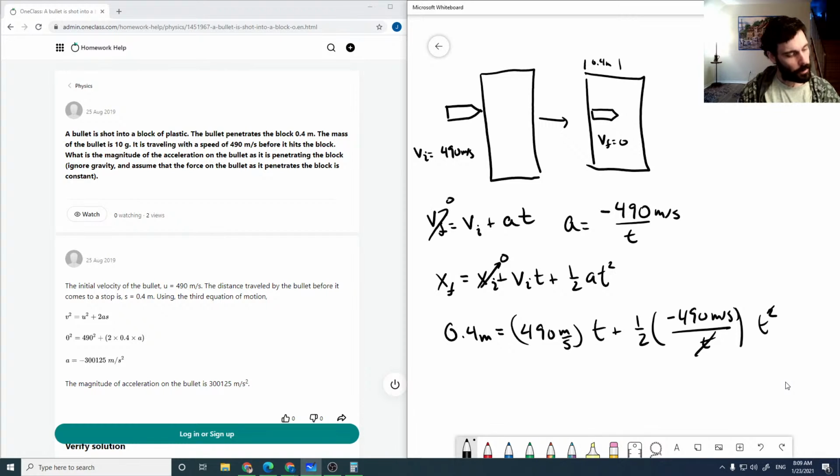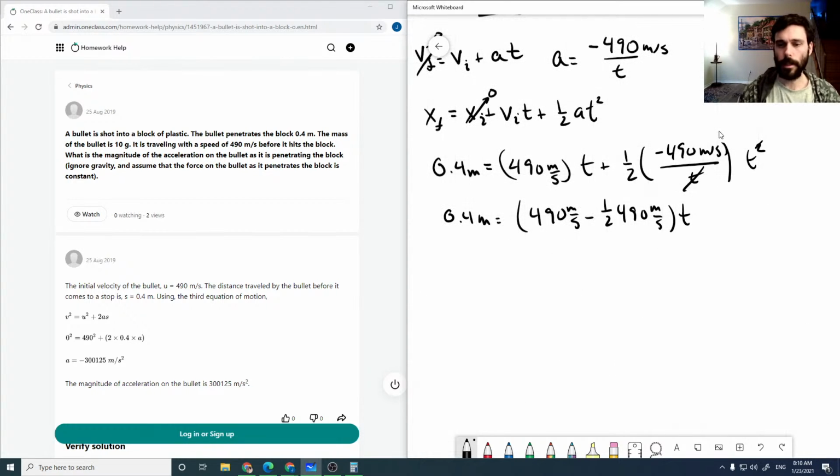And so our 0.4 meters is equal to 490 meters per second minus 1/2 of 490 meters per second times our time. And so we can solve for our time as 0.4 meters over 245 meters per second.